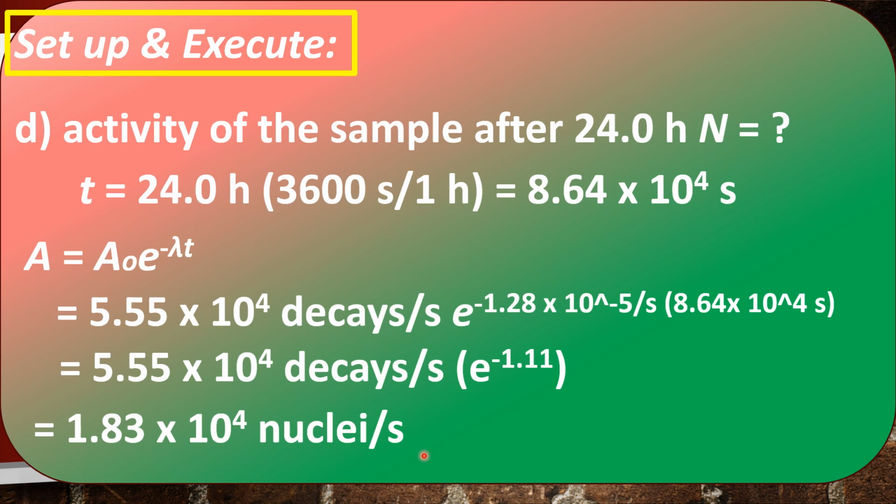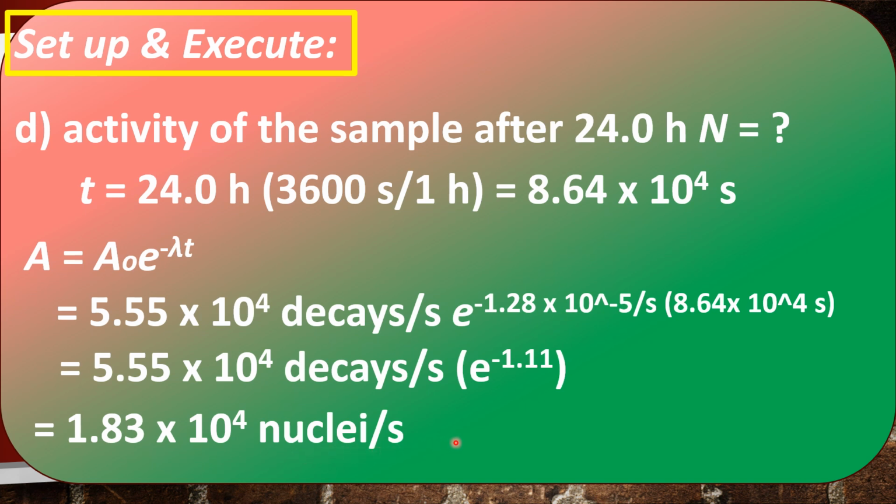Now, when converted back to curie or microcurie, because our initial activity A naught is given in terms of microcurie, our computed value for the activity capital A, 1.83 raised to the fourth power nuclei per second, is actually equivalent to becquerel.